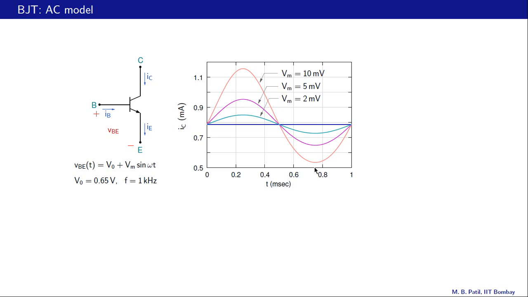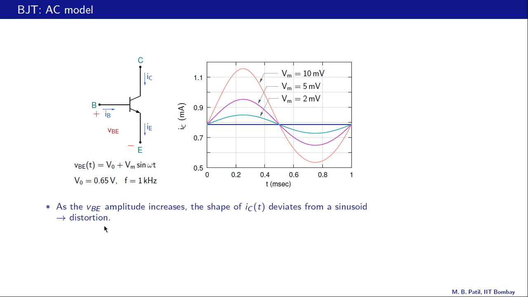And clearly, therefore, there is some distortion in the collector waveform for Vm equal to 10 millivolts. So that is the first point we make. As the VBE amplitude increases, the shape of IC of t deviates from a sinusoid, and that causes distortion.